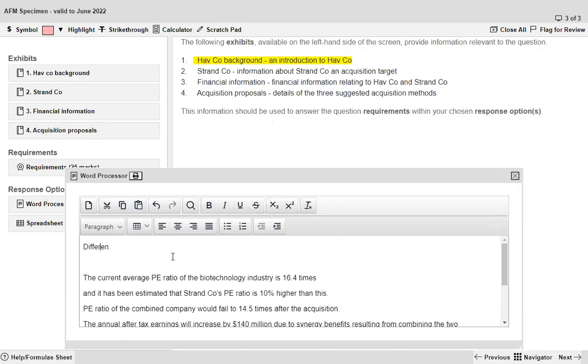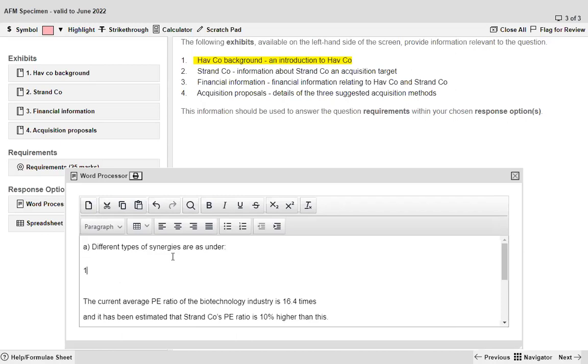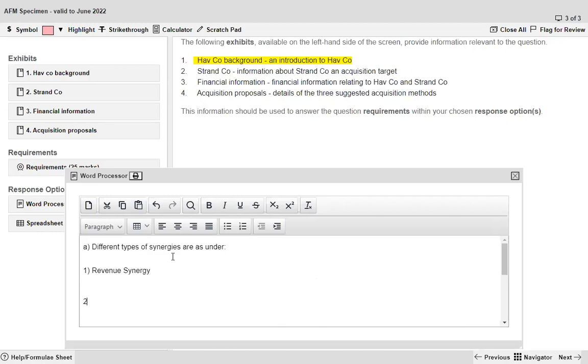Among the different types of synergies are as under. Number one, revenue synergy. Number two, cost synergy. And the third one of them is financial synergy.